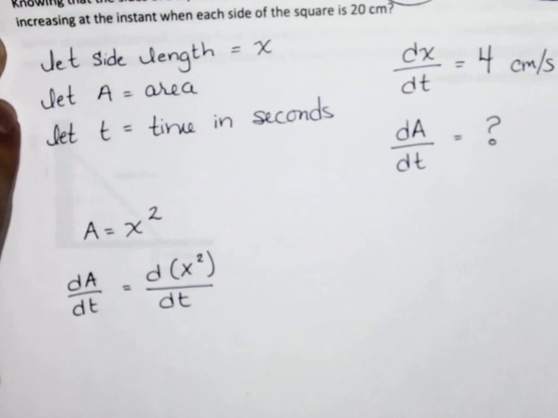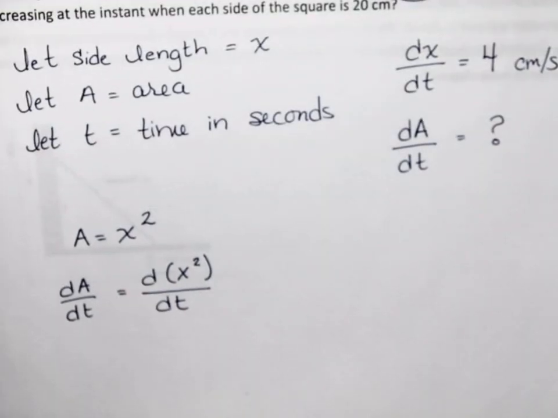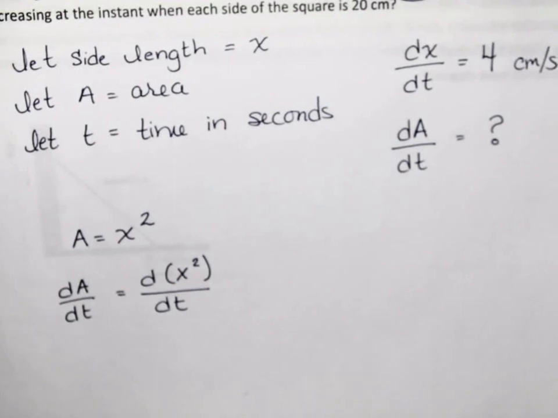How come? Because we were differentiating with respect to x when we were doing implicit differentiation.